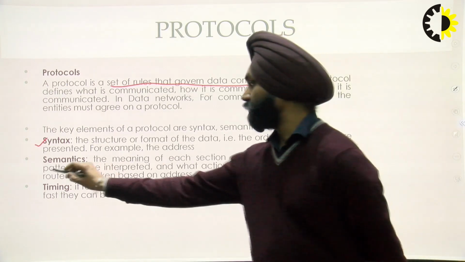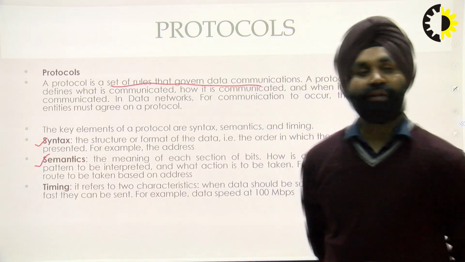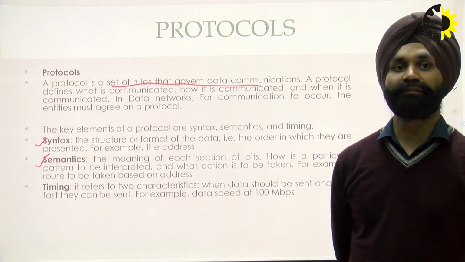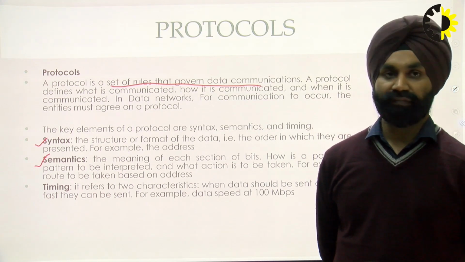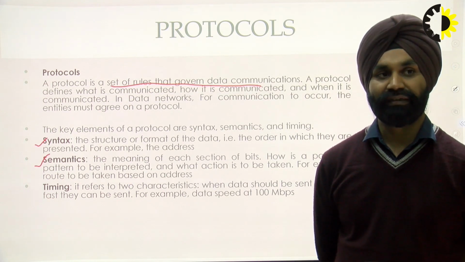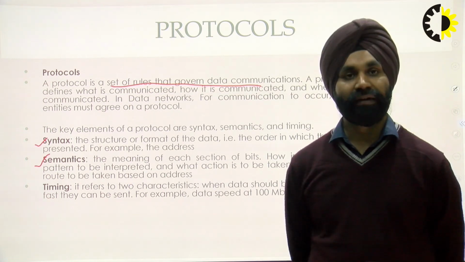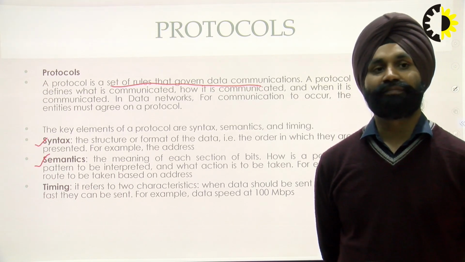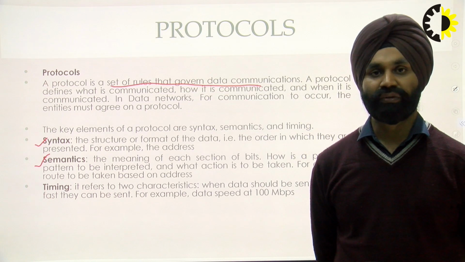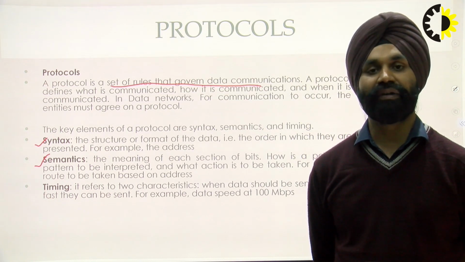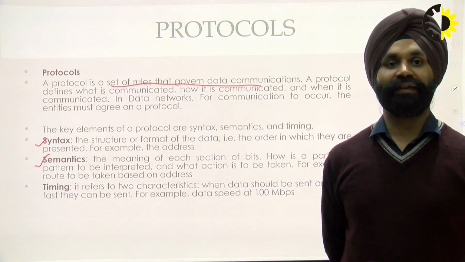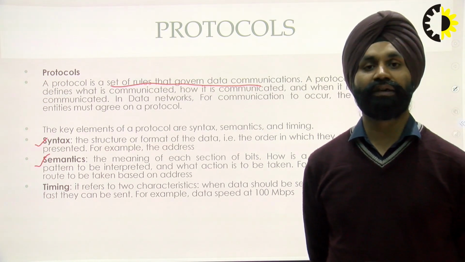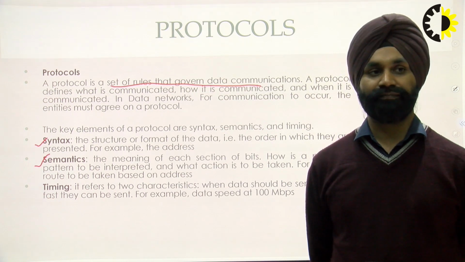Then semantics, the meaning of each data bit. The pattern, for example, we have discussed the jitter. The jitter may change the pattern of the bits. So the semantics will define what pattern of the data is required for the action that is to be taken.